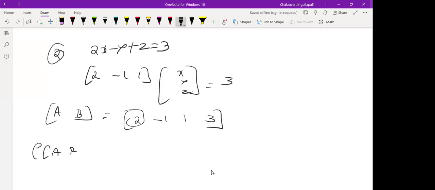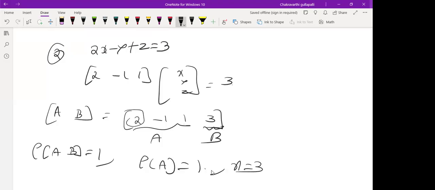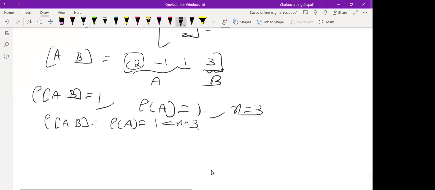So rank of augmented: how many non-zero rows? 1. Rank of A is also 1. A means excluding this, only this. N is 3. So the system has many solutions.